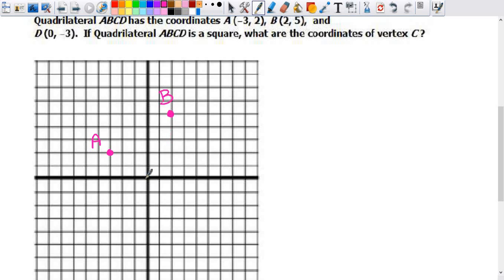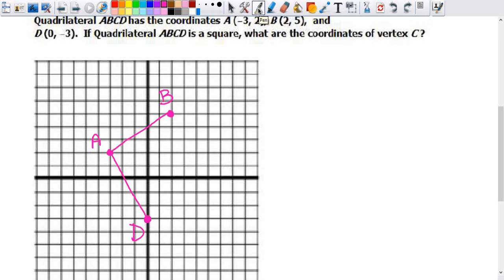And then we have point D at 0, -3. Okay? We can connect these. And then we can try to think of where C would be. If we're trying to make this into a square, it's got to be somewhere kind of like in this area, all right? You don't have to draw in that circle. I just kind of want to point that out because if you have multiple choice options, make sure that the point makes sense. You can plot it and see if it looks like a square.